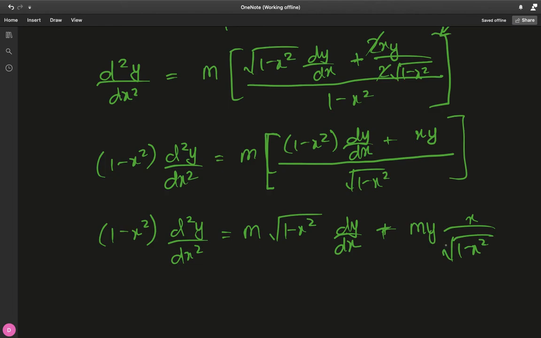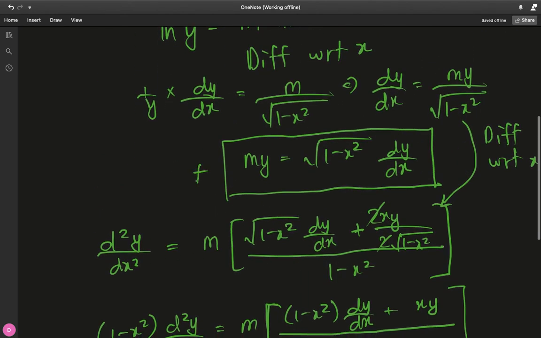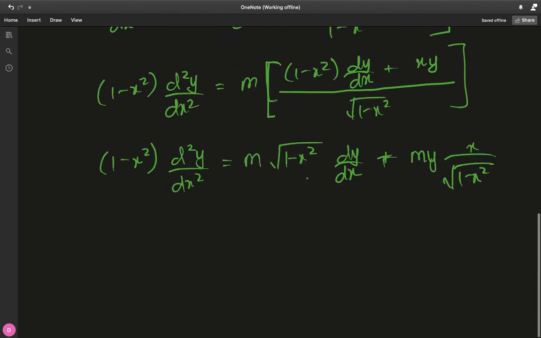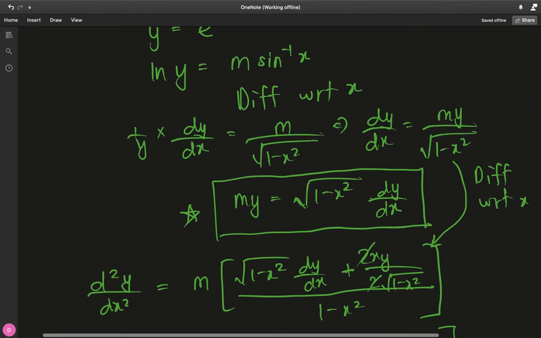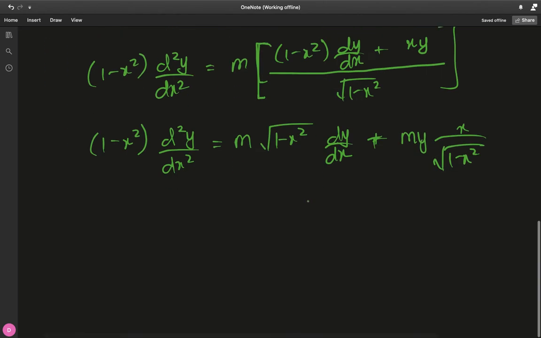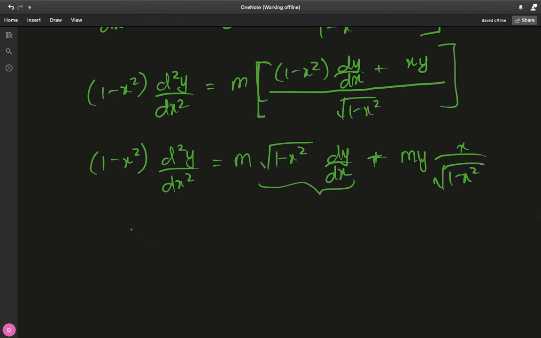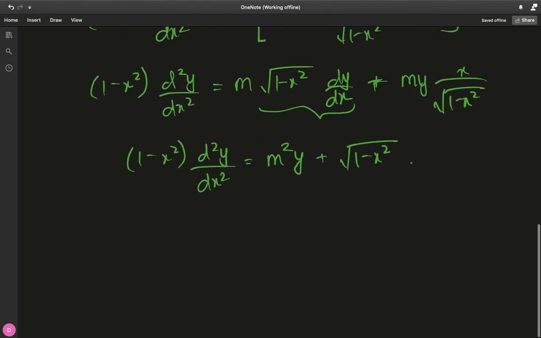And now this is the point where we actually remember this important fact that we had. My is equal to this expression, so we can substitute that. So the square root of 1 minus x squared times dy over dx is my, so this is my. 1 minus x squared times d2y over dx squared is equal to m times my, which is m squared y, and then my is square root of 1 minus x squared times dy over dx with this x over square root of 1 minus x squared, like that.